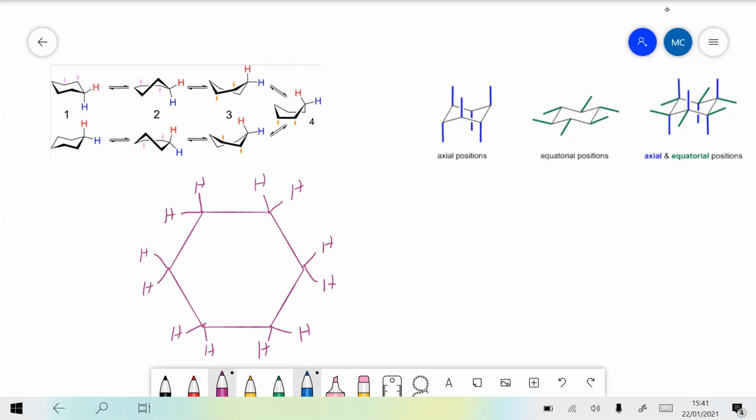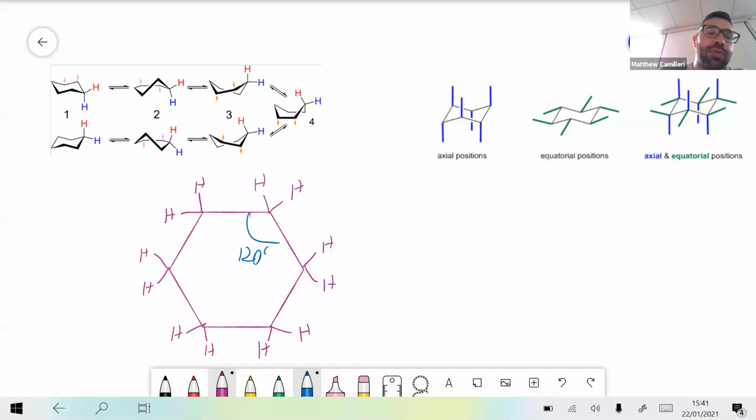Now, I will be speaking about the chair and boat conformation. Now, in reality, you have 120 degrees. 120 degrees is quite a nice angle, but if you're gonna have 120 degrees there, then it means that the other bonds are gonna be much less than 109 degrees.